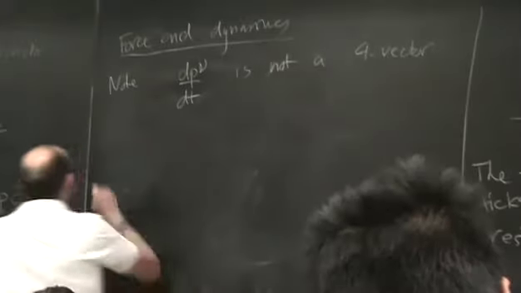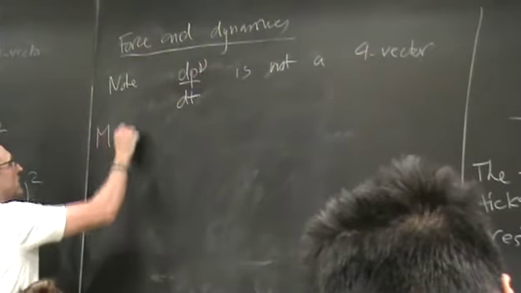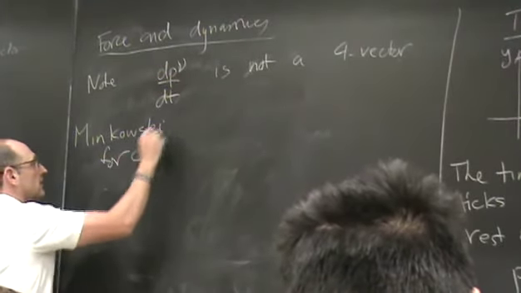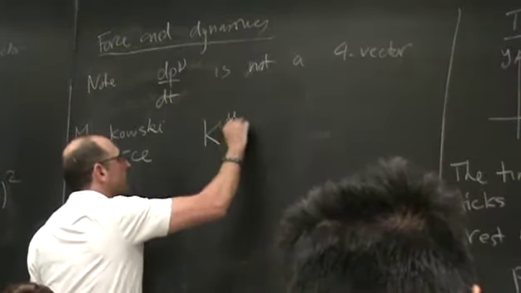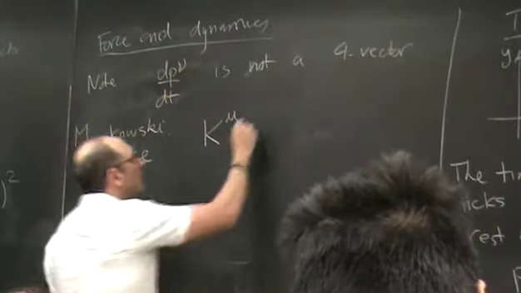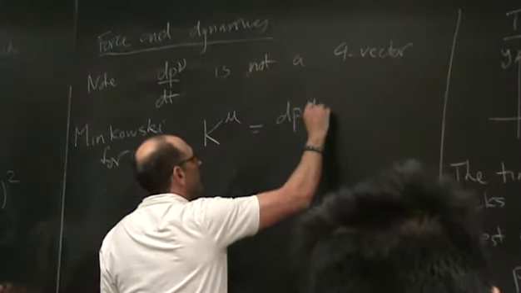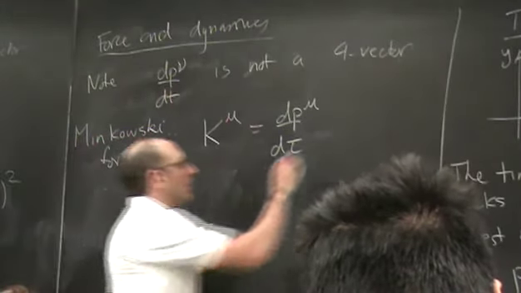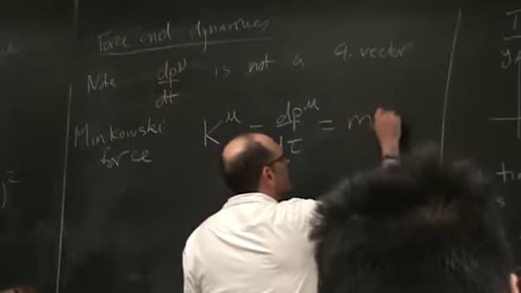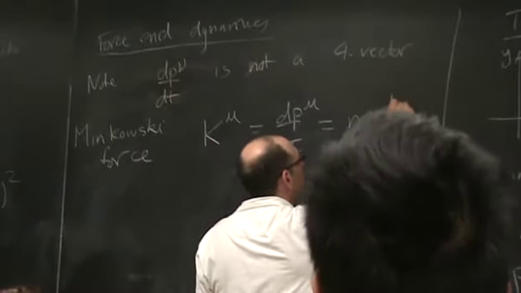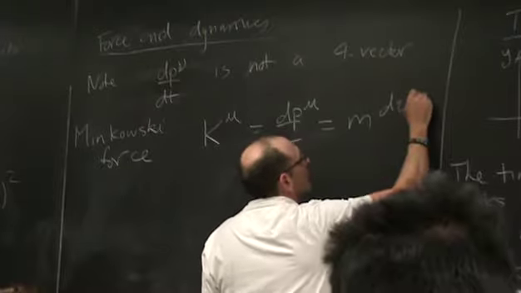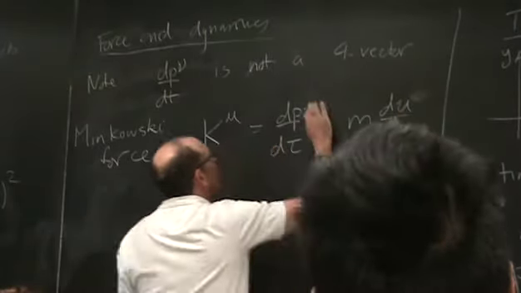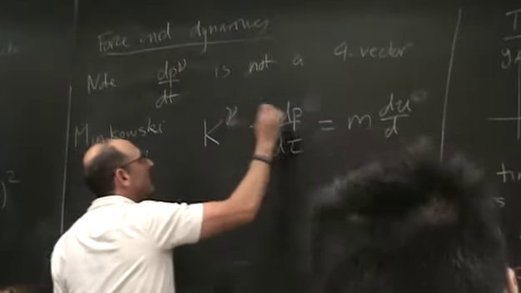So we define a force vector, which is called the Minkowski force, typically denoted as K, as the derivative of the momentum with respect to the proper time, or the rest mass times the acceleration. Let's call the index nu.